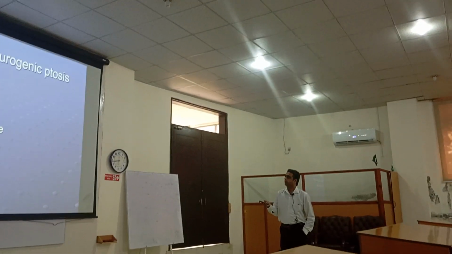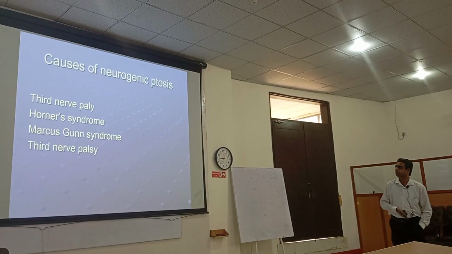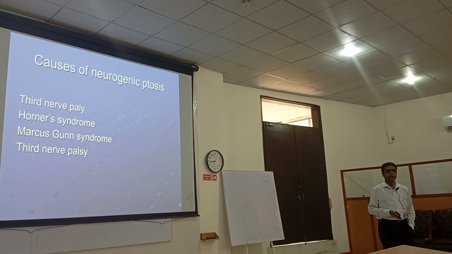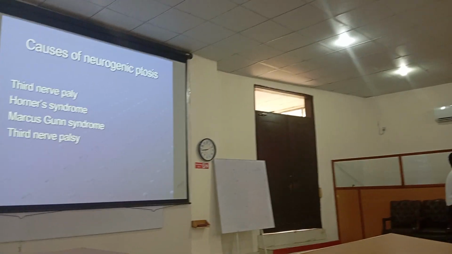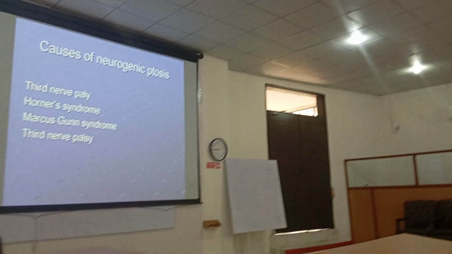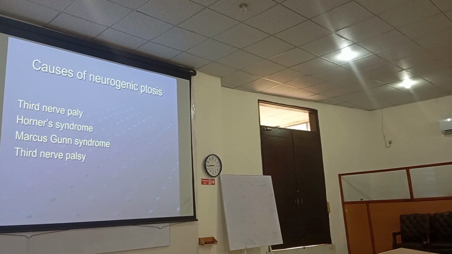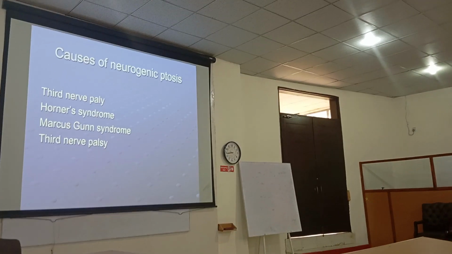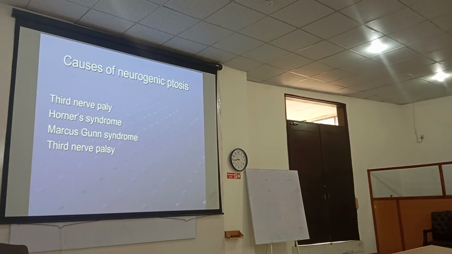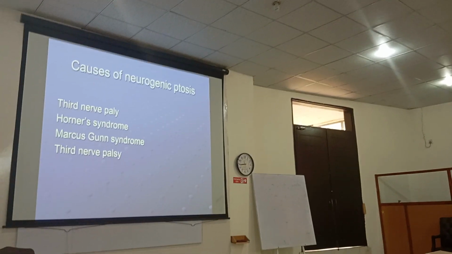Then Marcus Gunn jaw winking syndrome. What is this Marcus Gunn? It is basically a congenital aberrant or abnormal formation of the third nerve embryologically.